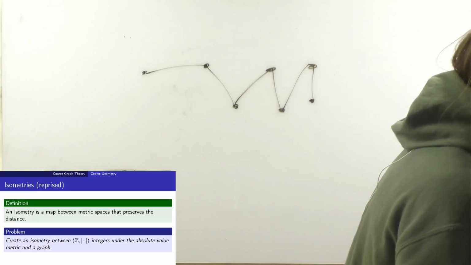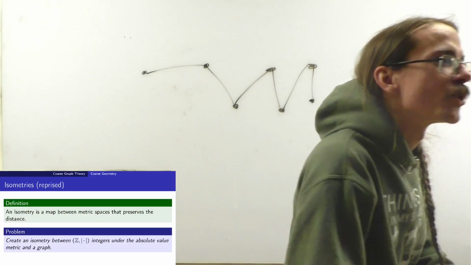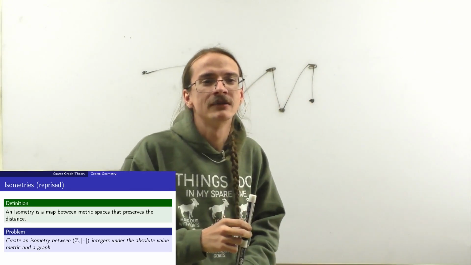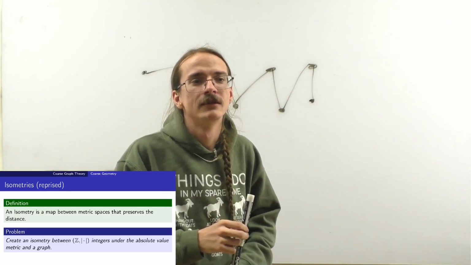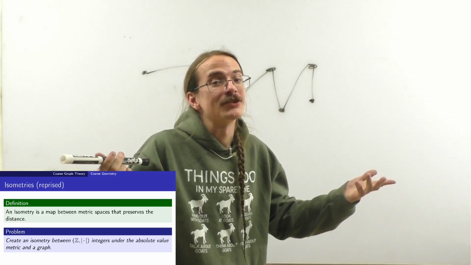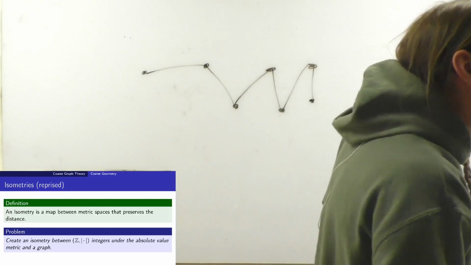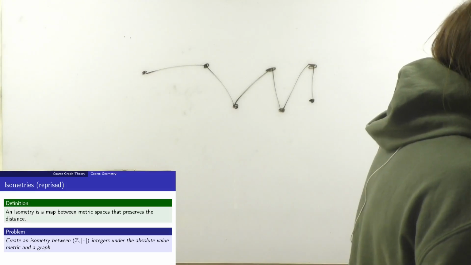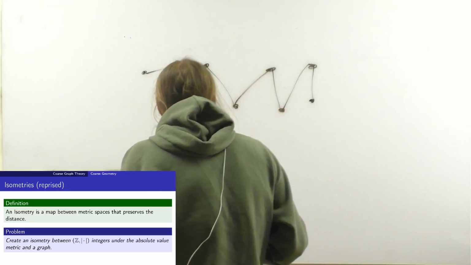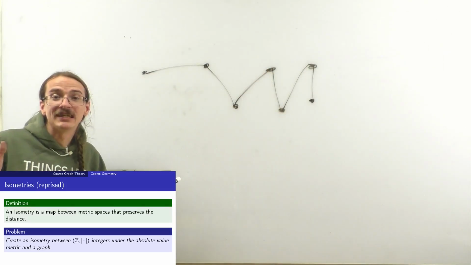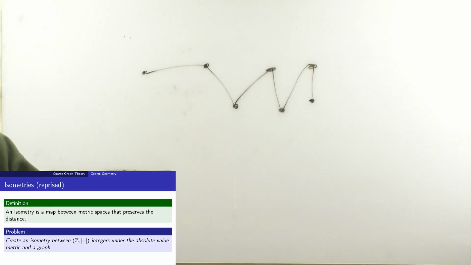Ah, yes. We already remember isometries. Why do you think I'm going into it again? Because that was informal isometries. Now we're doing formal isometries. Great. An isometry is a map that preserves the distance, and now we actually know what that means between points. So, problem.